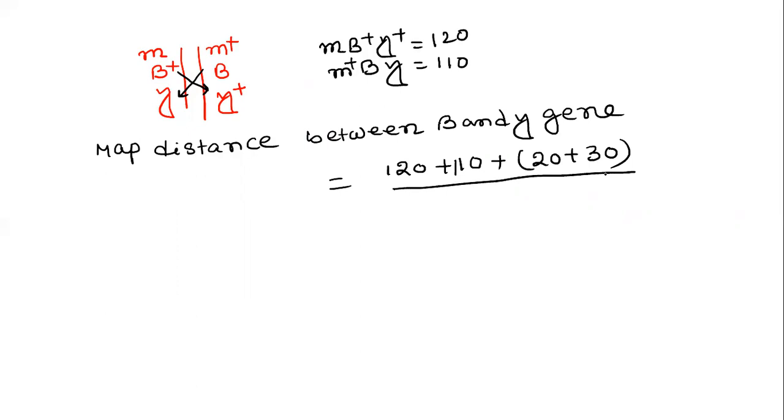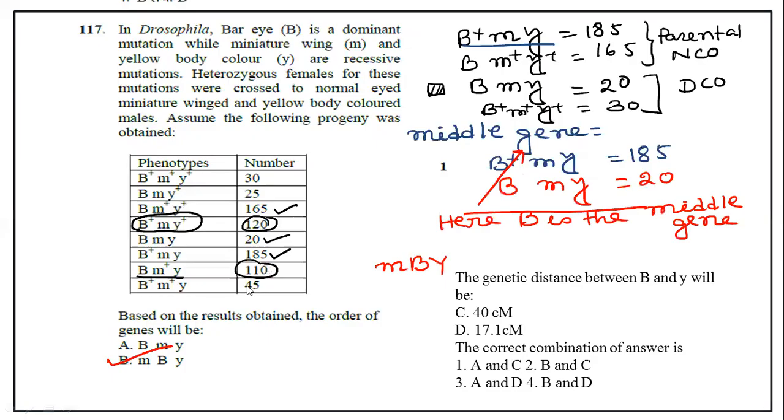So here total progeny, add up the total progeny: 30 plus 30 plus 25, and here you will get 55, 55, 165, 125.